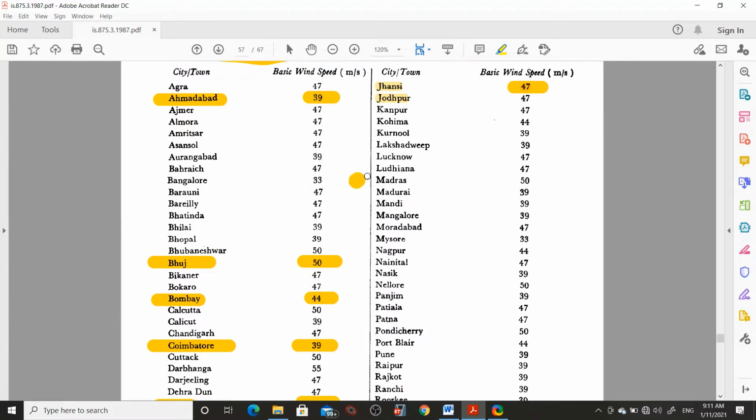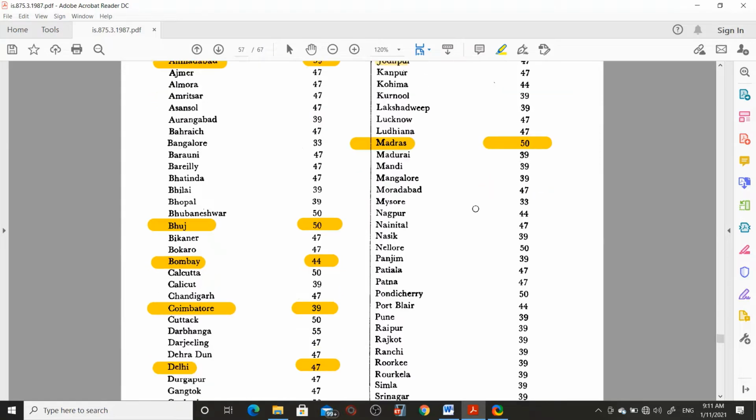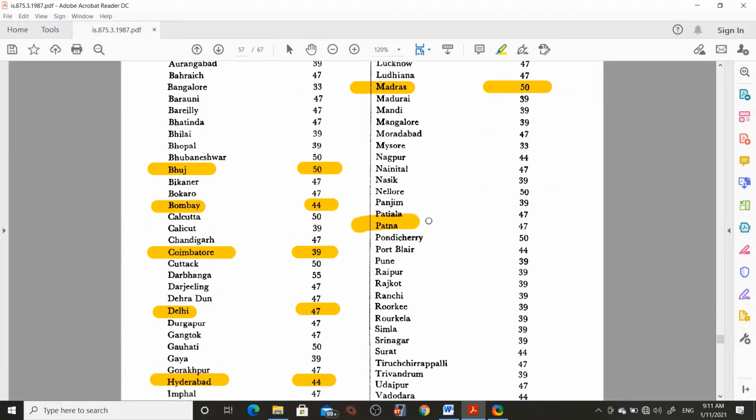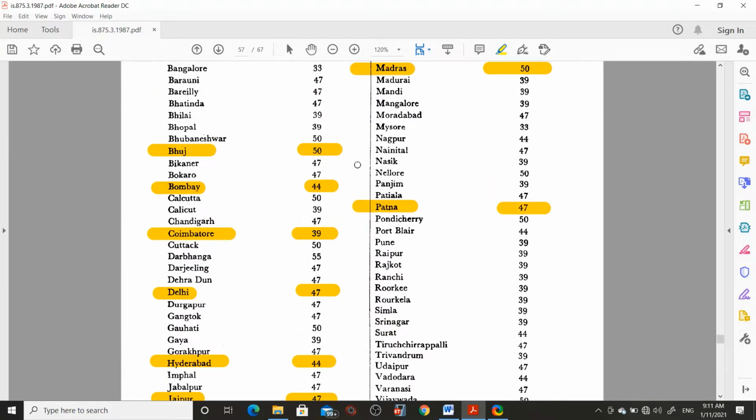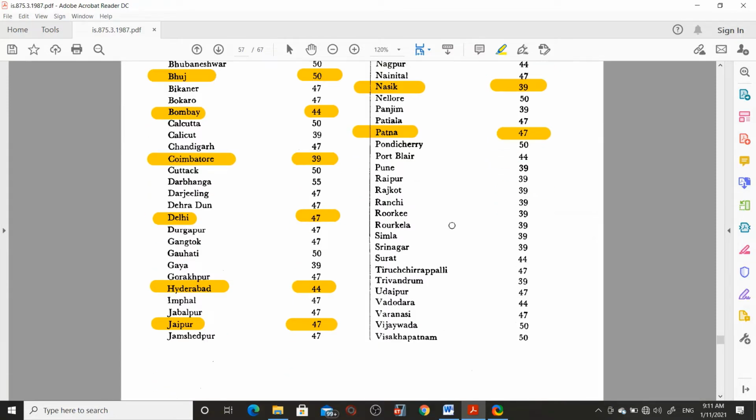Madras 50. Patna 47. Nasik 39. Surat 44. Vadodara 44. Vijayawada 50. Roorkee 39. Right? So by this Appendix A we can find out a basic wind speed.